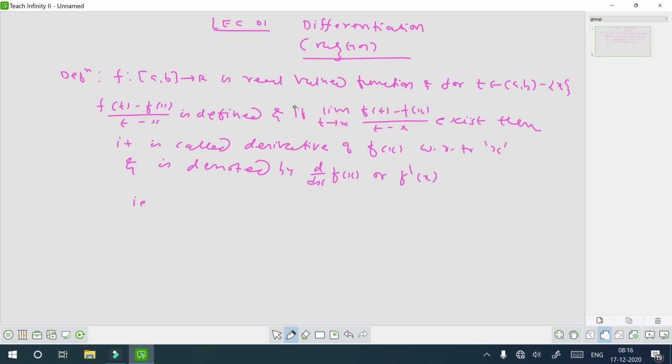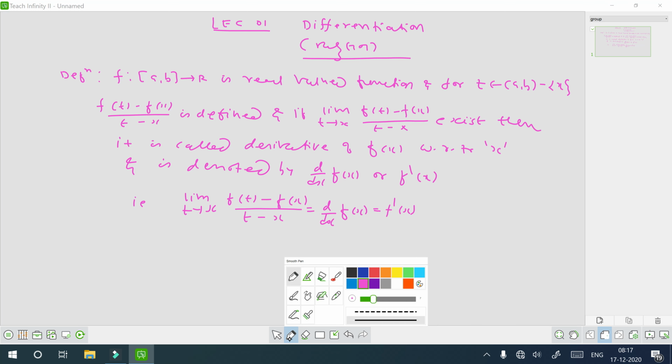That is, the limit as t tends to x of (f(t) minus f(x)) over (t minus x) is equal to d by dx of f(x), or in other notation f dash x. This is the definition.